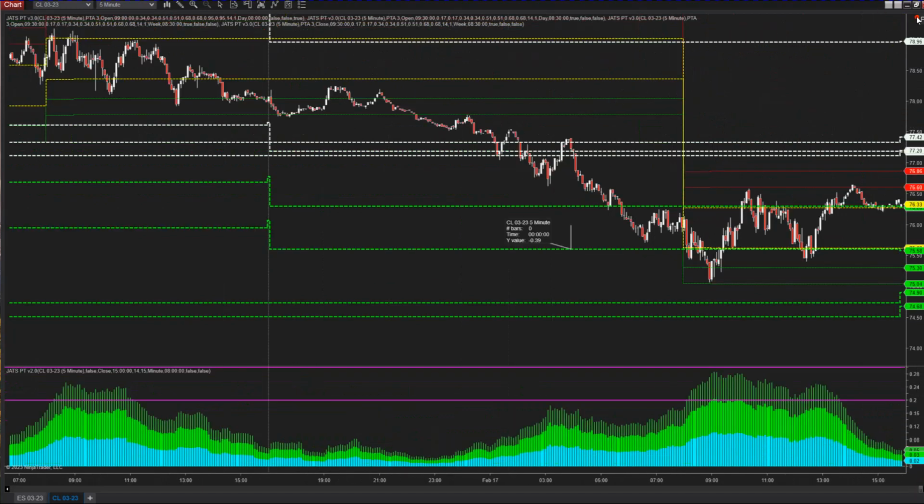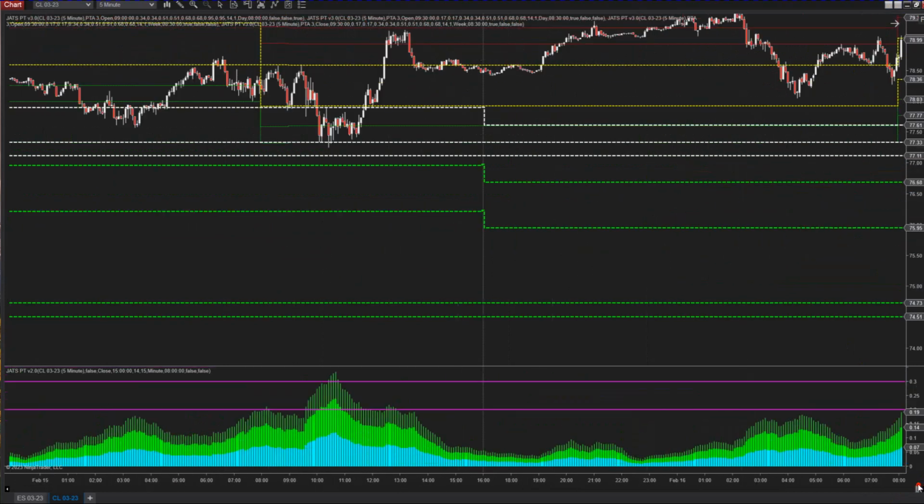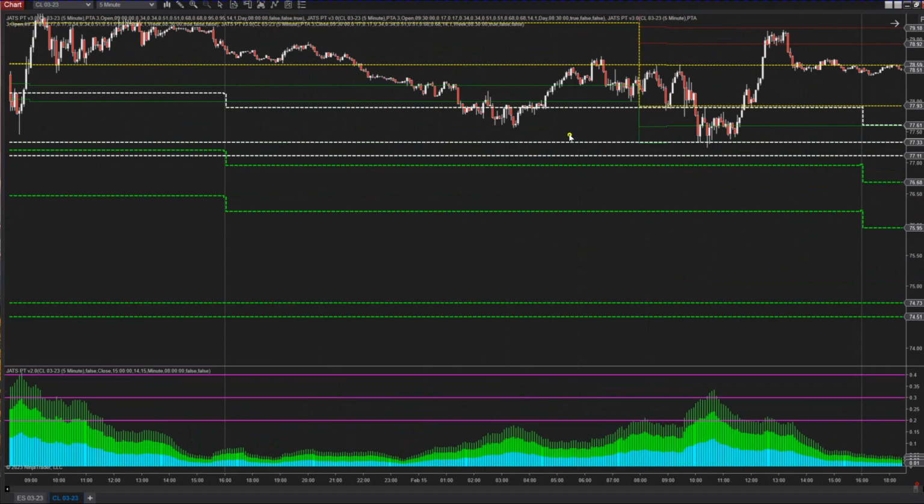I should have paid more attention to where that was. There's our weekly level. Here we went to the weekly one. See that? Went down to the weekly one and bounced. Pretty cool.